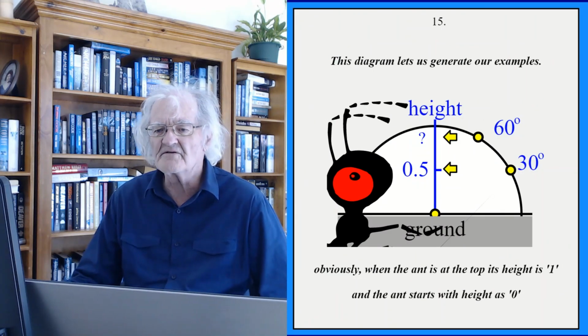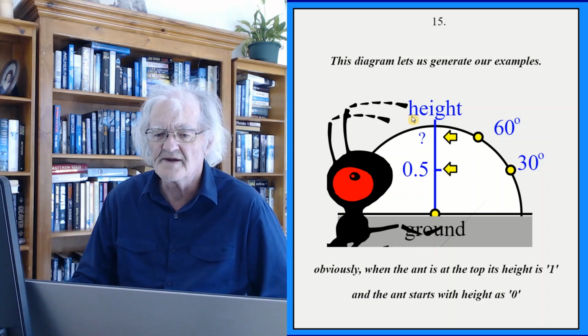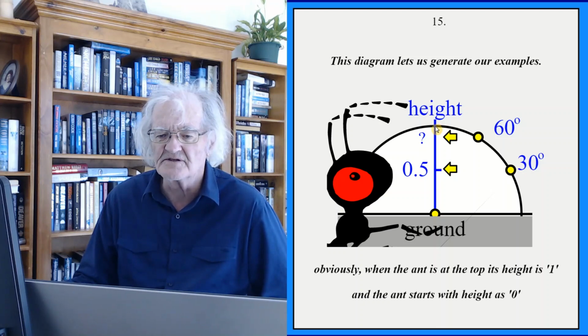So this diagram lets us generate our examples. We have the height of the ant and the angle it has generated as it's gone around the pipe. The ant obviously starts at 0 height, 0 distance, and it will get to a height of 1 when the angle's 90 degrees.